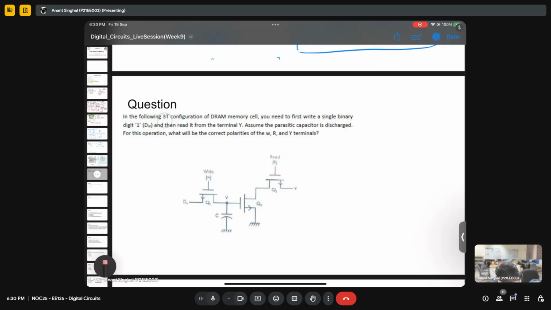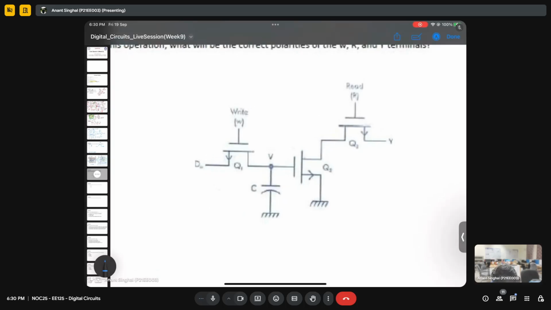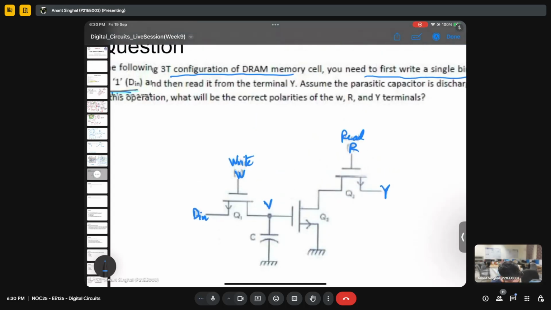It says in the following 3T DRAM configuration, you need to first write a single binary digit 1. Let me label it. This is D in, this is write, this is read. So this is W, this is R, this is V, and this is Y. I hope it is visible now.